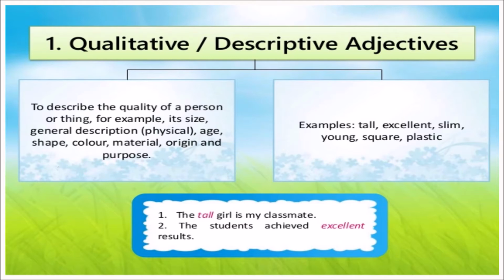Examples: tall, excellent, slim, young, square, plastic. Example sentence: the tall girl is my classmate. The students achieved excellent results. Here, tall and excellent are qualitative or descriptive adjectives.